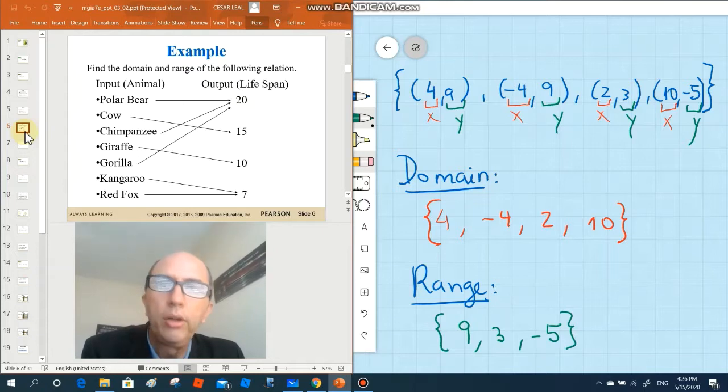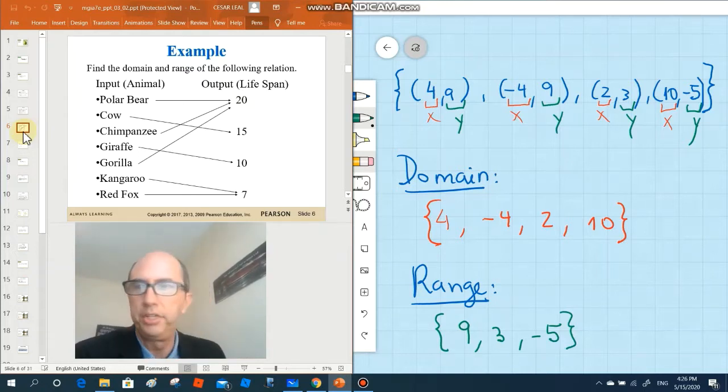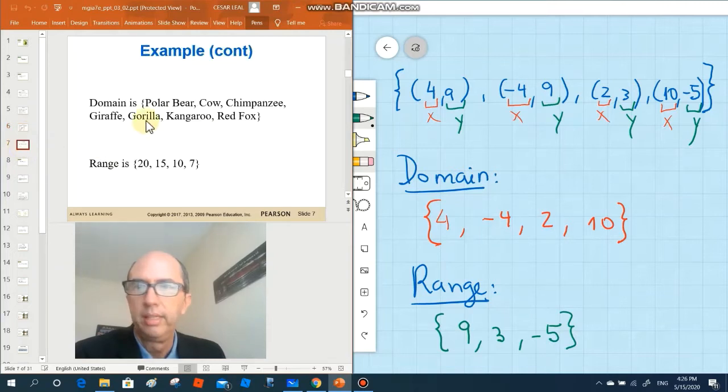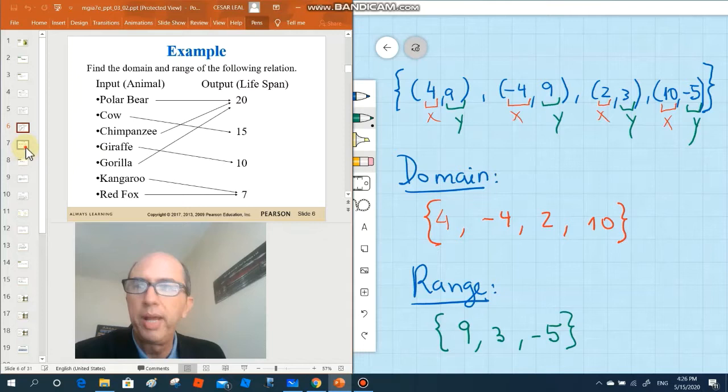So everything that's output or y is going to be the range. And the answer for this example is this. The domain is the set of animals, and the range is the set of lifespans.